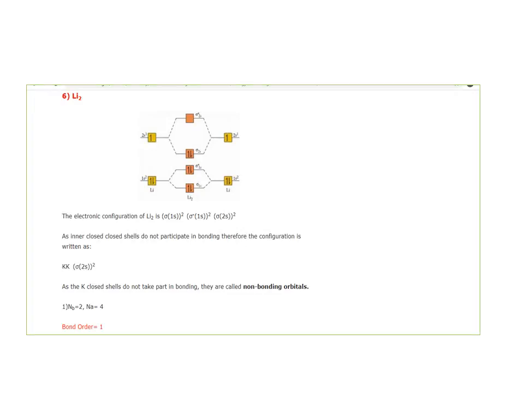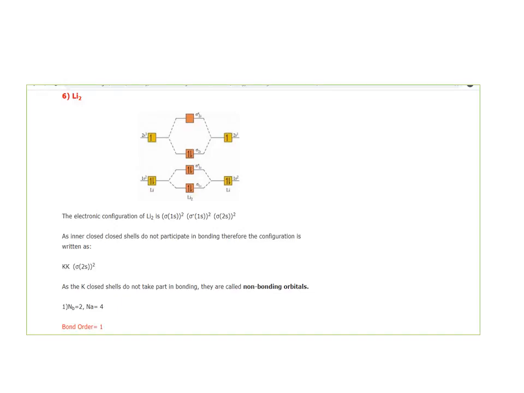Next one is lithium molecule. In lithium molecule you have to distribute total how many electrons? 2 and 2, 4, 5, 6 electrons, as lithium has 3 electrons. These 6 electrons will be distributed as sigma 1s2, sigma star 1s2, sigma 2s2.